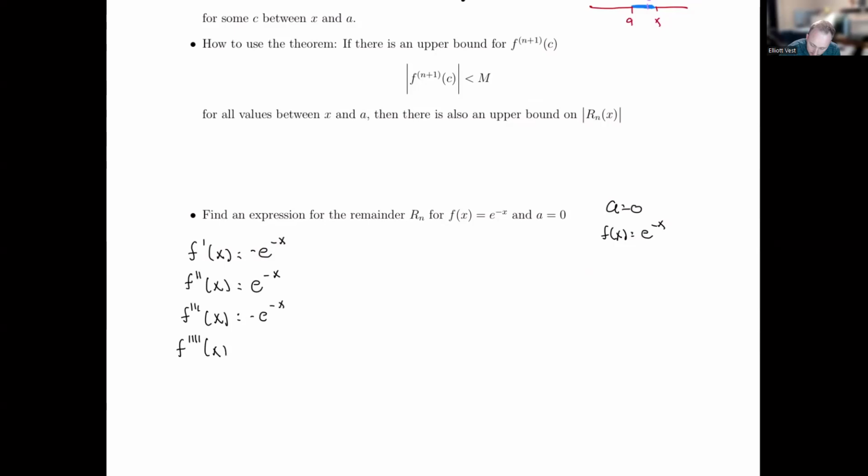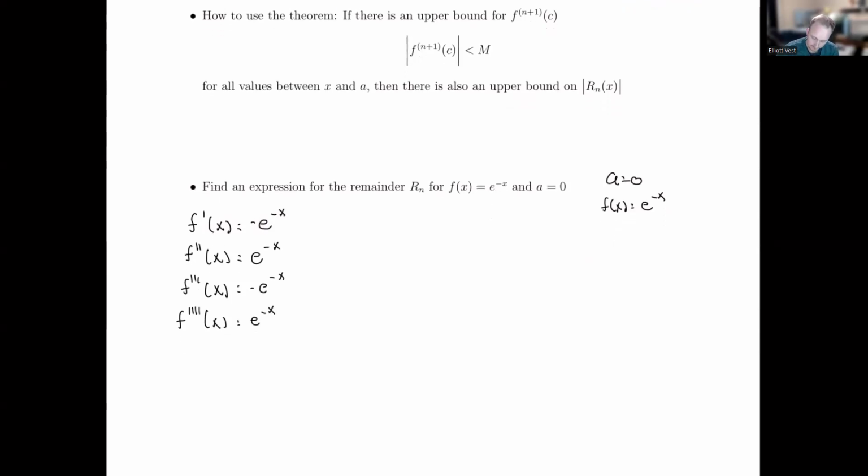Fourth derivative is going to be e to the negative x again. So it looks like my nth derivative is going to be negative 1 to the n e to the negative x. And similarly, the n plus 1th derivative is going to be negative 1 to the n plus 1 e to the negative x. So yeah, that looks right if I look at the pattern that's going on here.